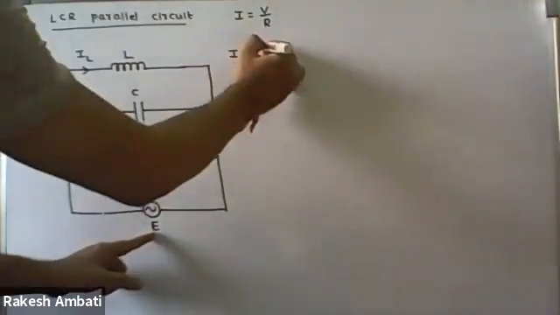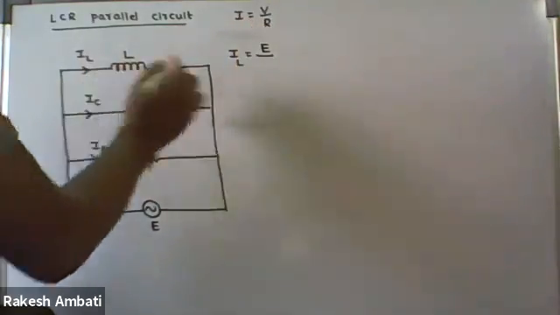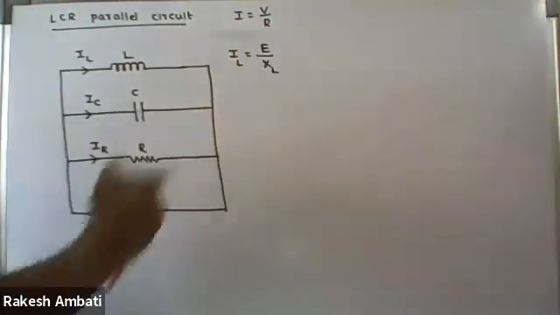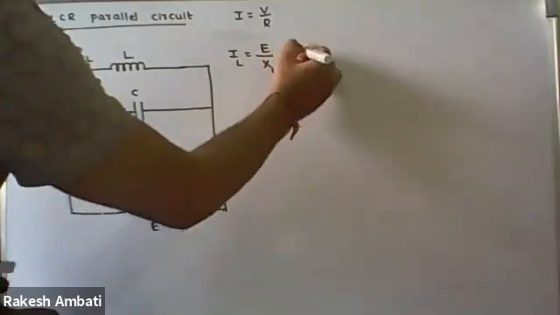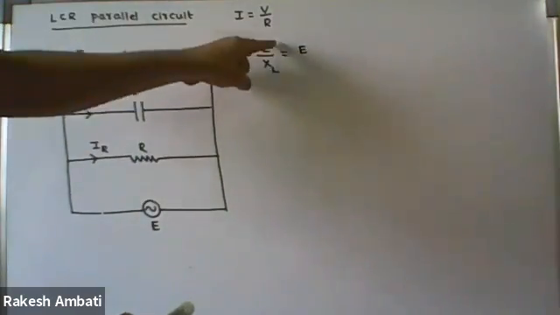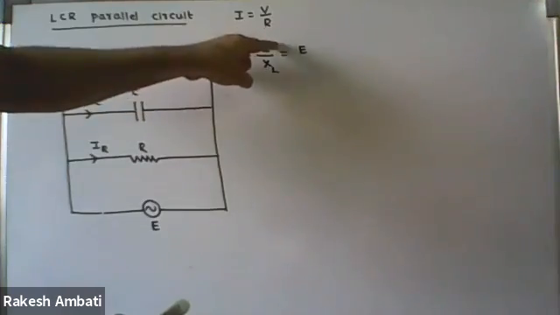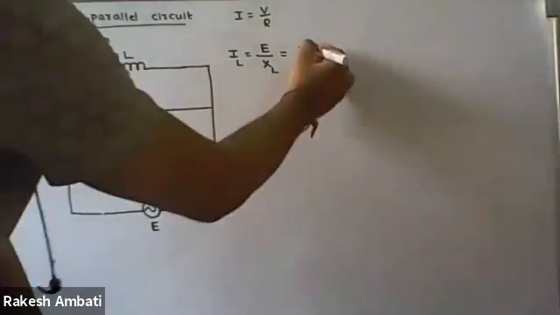E upon, in the place of resistance, in the case of inductor, we take XL. So E into reciprocal of reactance. In the place of 1 by XL, reciprocal of reactance is nothing but susceptance.